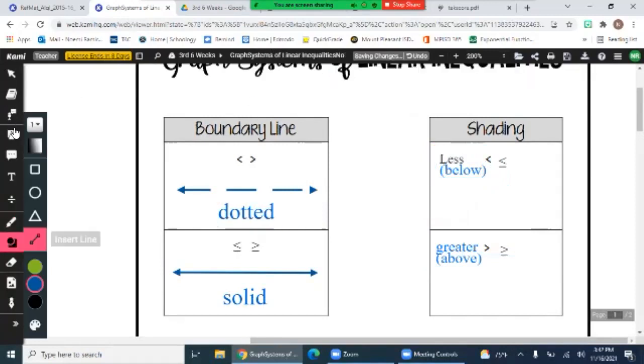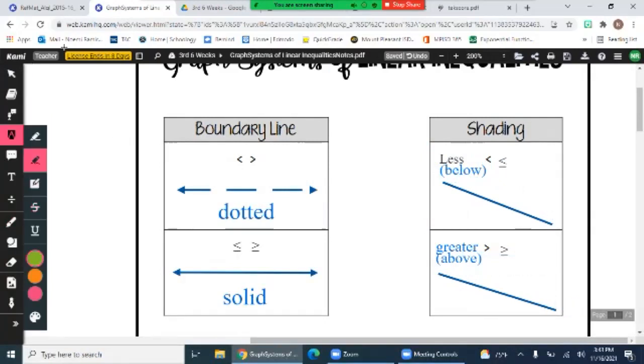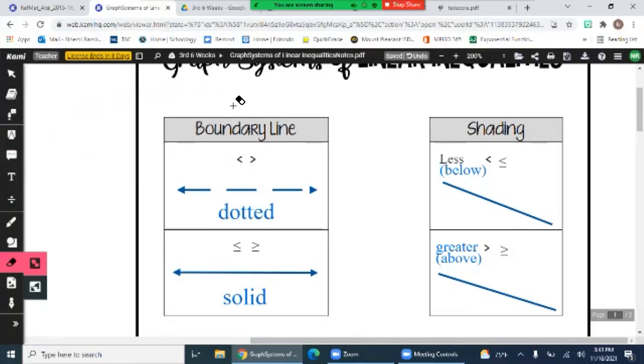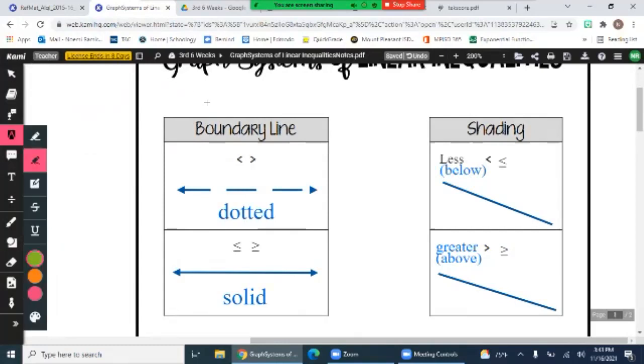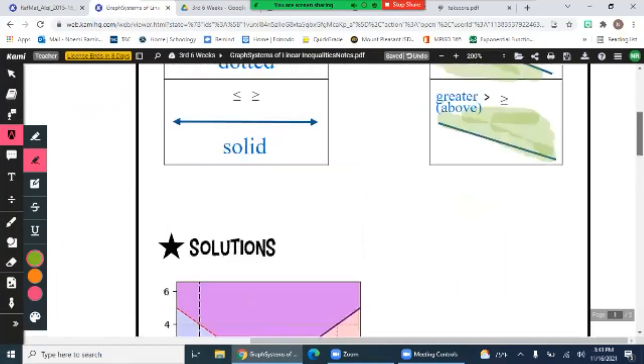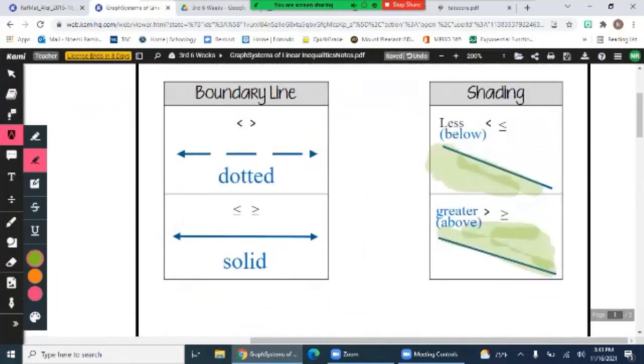Greater means above. So I'm going to draw my line like so, and do some freehand shading. Less means below, so we're going to be shading below the line. Greater means above. Shade everything above the line. That's just your quick chart.